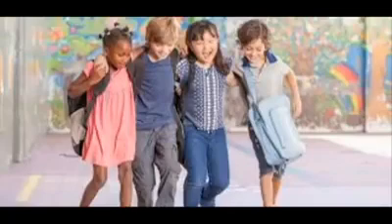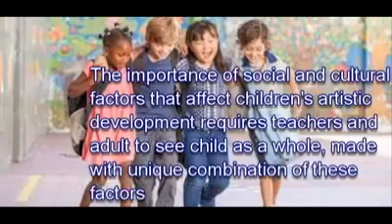Children will learn to love art or to hate it, depending on how the adults around them respond to the children's artwork. The importance of the social and cultural factors that affect children's artistic development requires teachers and adults to see the child as a whole and as a unique combination of these factors.